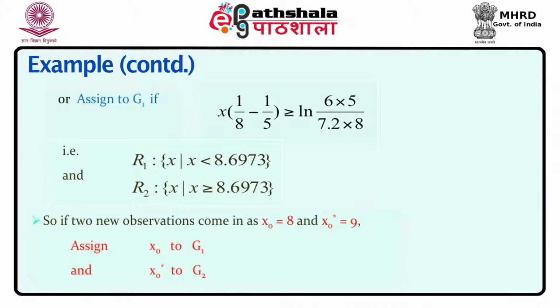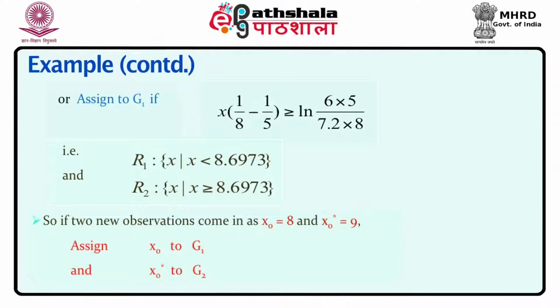So what we have seen is we can use either the expected cost of misclassification or the total probability of misclassification, and then subdivide the space into two mutually exclusive and exhaustive regions R1 and R2.